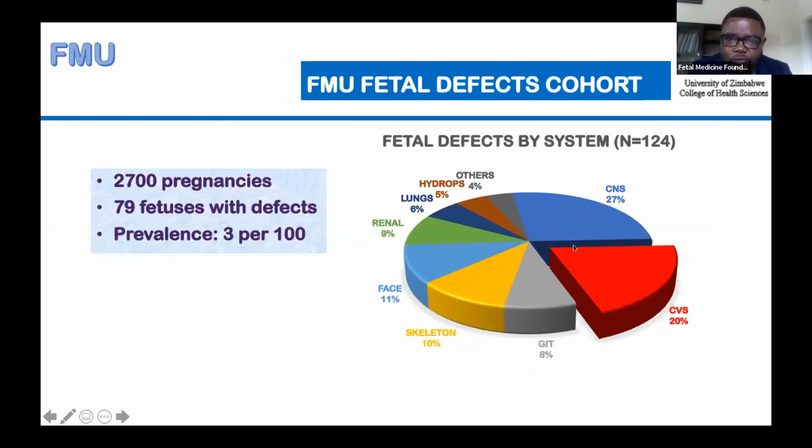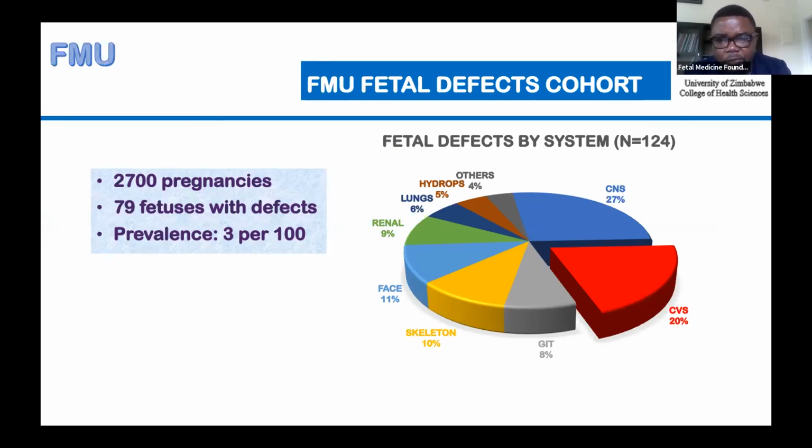I'm not going to spend much time here, but just to show you that they are common. This is our cohort, not many patients there, but we have an updated one, which we'll share with you another time. If you look at our cohort, it was the second commonest defect, but in the international literature, it's the commonest defect.